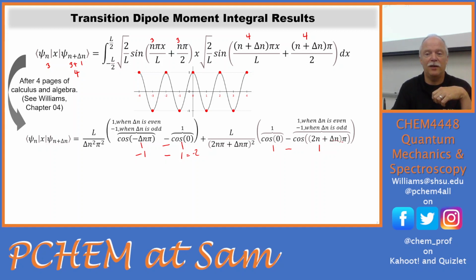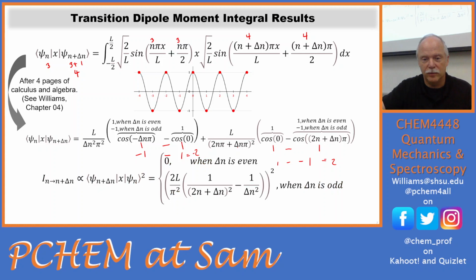And so we're going to always have an odd multiple of pi, and that's going to be a -1, but this is a negative. So it's going to be 1 minus a -1. Is that right? Yeah. And so then it's going to equal 2. And so then that 2 is going to come out front. And so we end up with this result here. So it's 0 when delta n is even, and those 2's came out front.